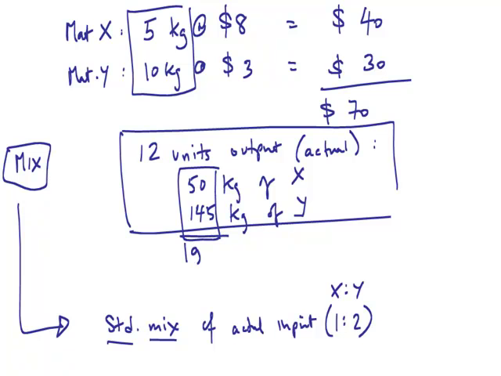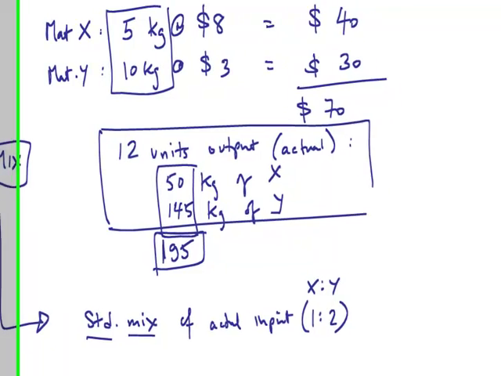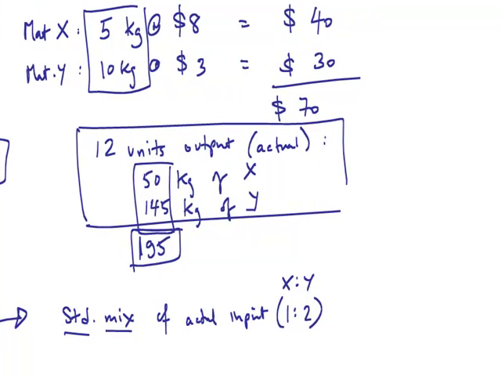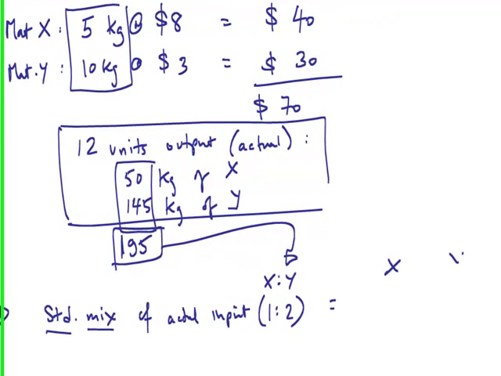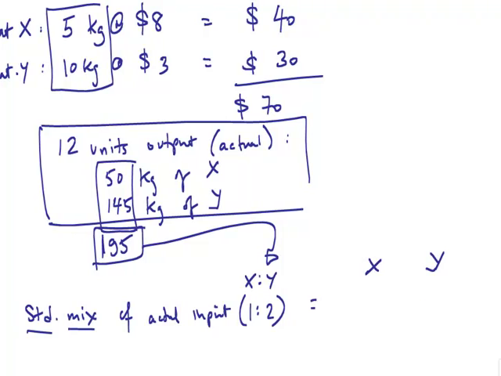This is 195 kilograms actually used, actual input in producing the 12 units. If we break this down according to the 1 to 2 ratio, we would have expected a standard mix of 65 kilograms of X and 130 kilograms of Y. You can see here that we are preserving the standard mix.